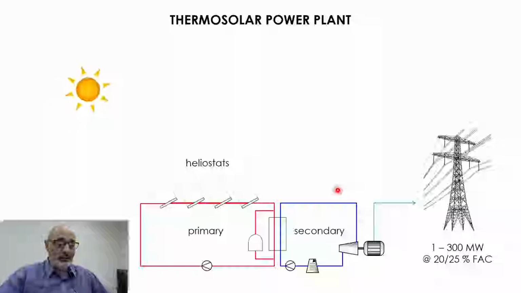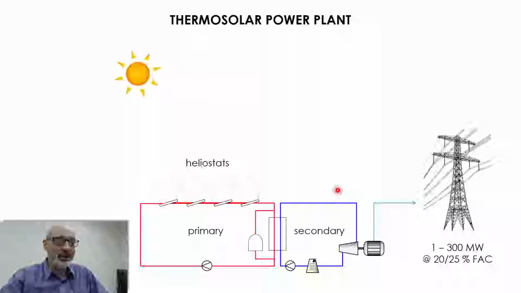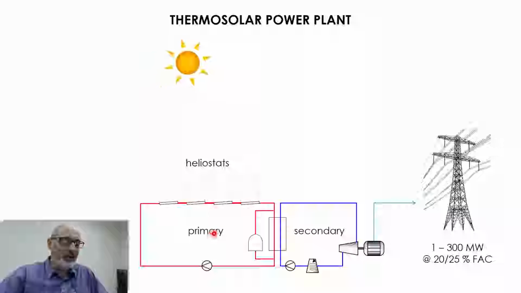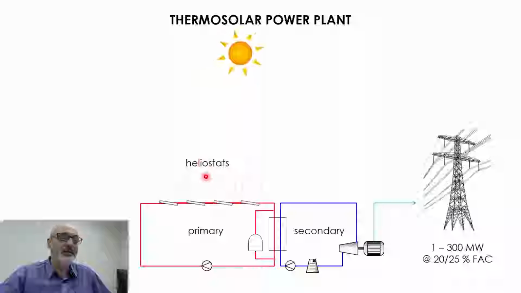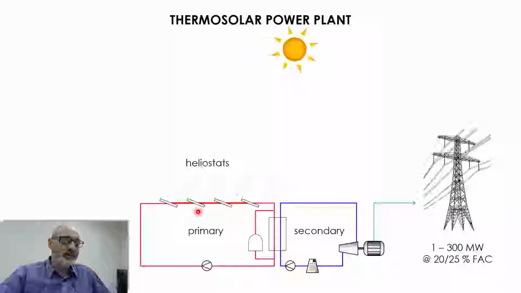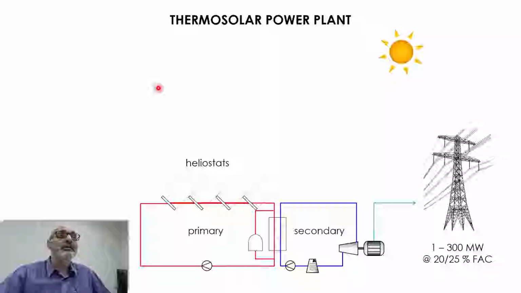So in terms of architecture, we have a primary cycle, possibly with heliostats, which somehow follow the sun on the sky. That's why we need celestial mechanics for this subject, because we need to know where the sun is going to be at a given time, on a given day.